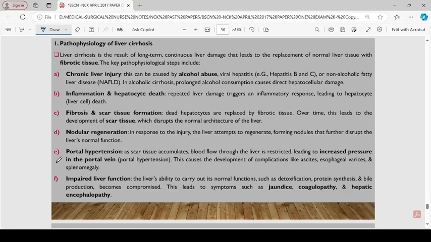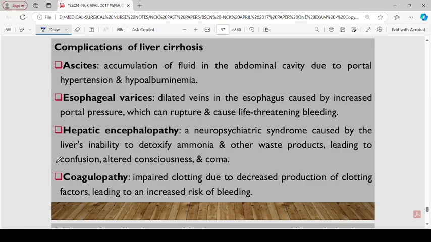Of course, pathophysiology of liver cirrhosis: we have chronic liver injury that leads to inflammation and hepatocyte death. Then you have fibrosis and scar tissue formation, nodular regeneration, portal hypertension, and impaired liver function. Complications: we have ascites, esophageal varices, hepatic encephalopathy, and coagulopathy.